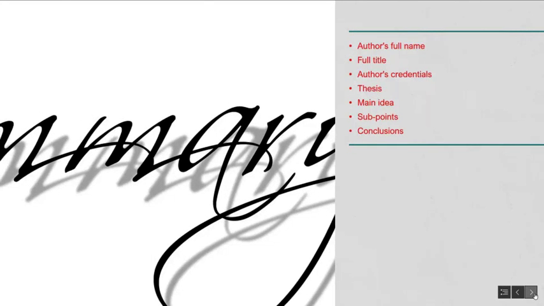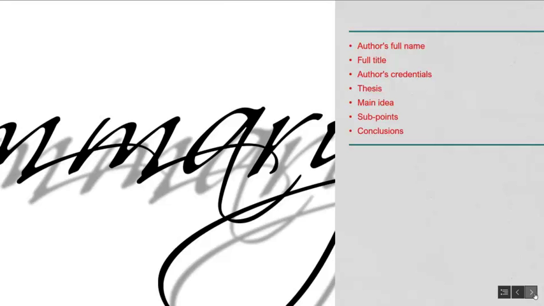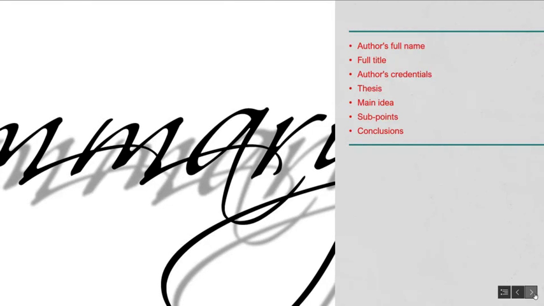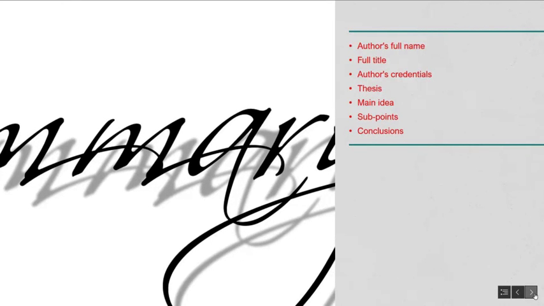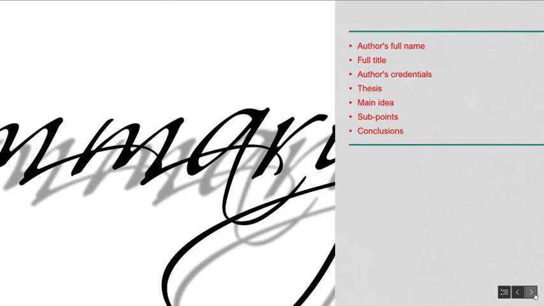Then write down what you think the thesis of the paper is, or the article is. And then what is the overall main idea, or the main ideas that are slipped in throughout the whole paper? What is the author trying to convey? Then what are the subpoints?